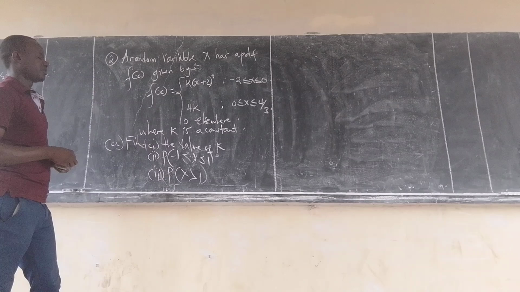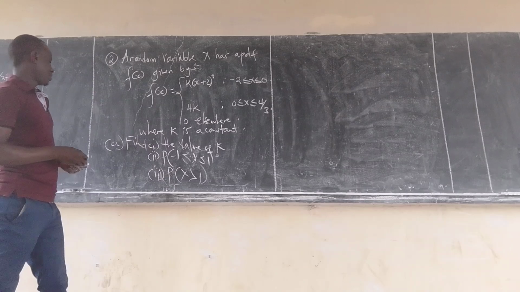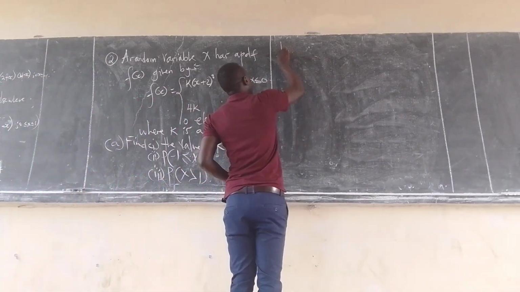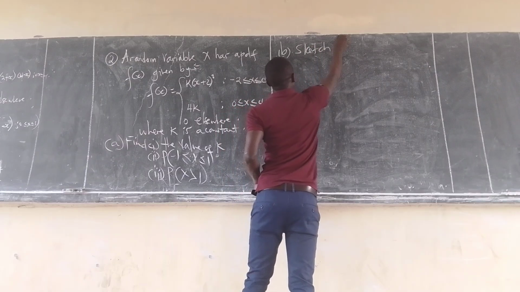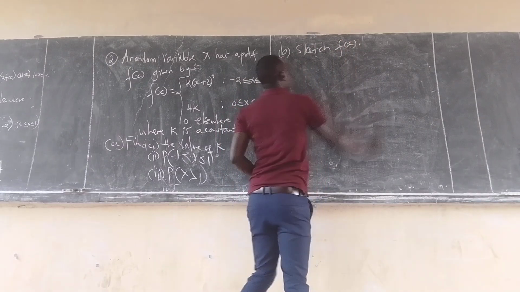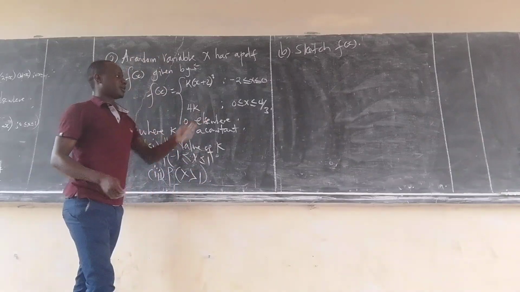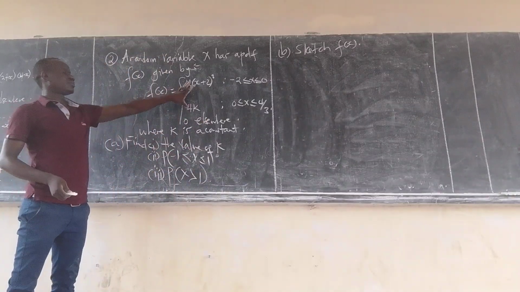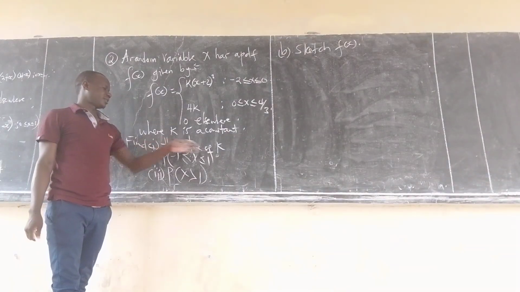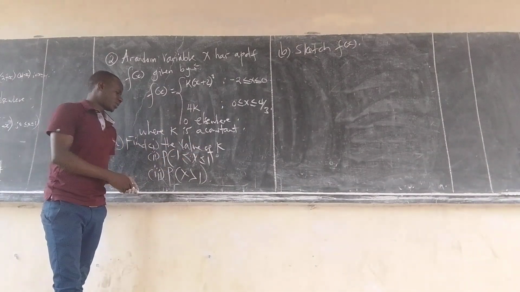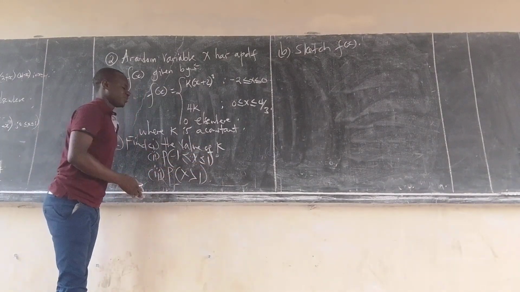Now in your free time, part B, they will want us to sketch f of x. Now our main interest is in how we sketch these graphs, because we saw how you can integrate and find the unknown, and also how you may look for the unknown probabilities.